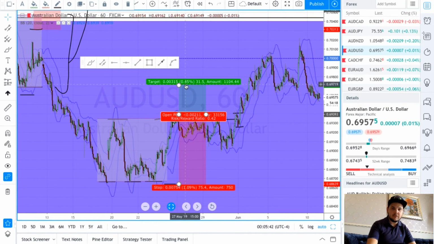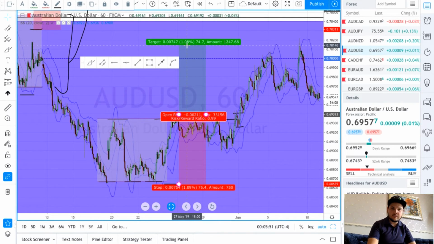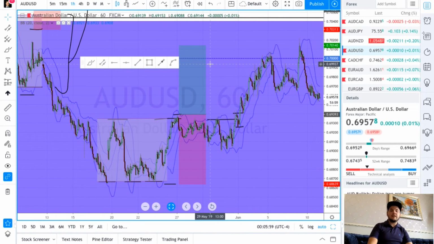Now you could do this. You could double that, so we'll make sure that we have close to like 2-to-1 on this. Actually 1-to-1, a little bit less. Okay, that's like double the size of the range over here. We double it above. That will be a take profit. Okay, so we'd be getting 1-to-1.